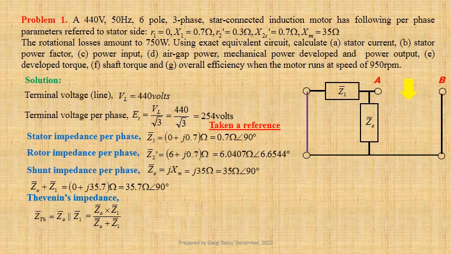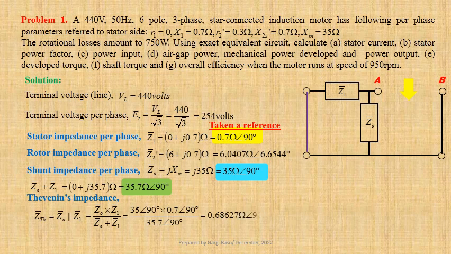Using values we get 35 at an angle 90 degree into 0.7 at an angle 90 degree divided by 35.7 at an angle 90 degree. That gives us 0.68627 ohm at an angle 90 degree.